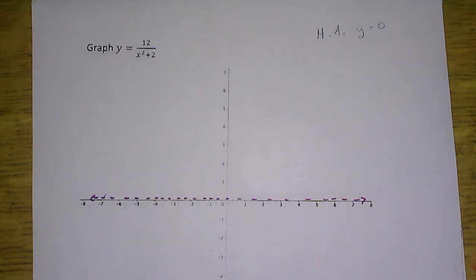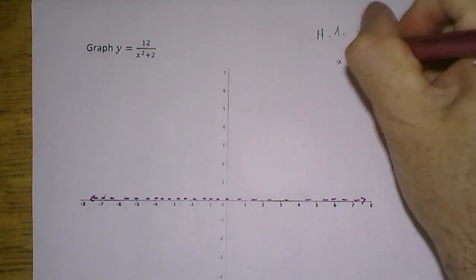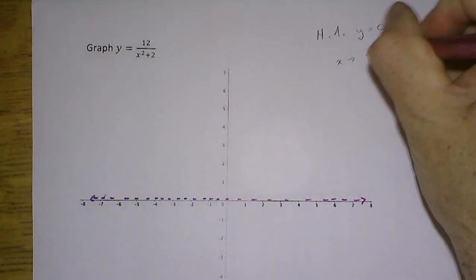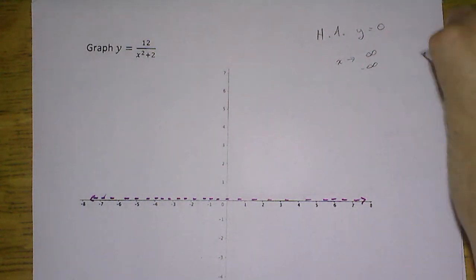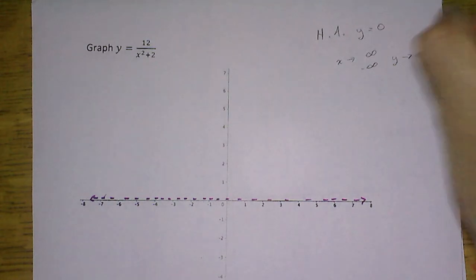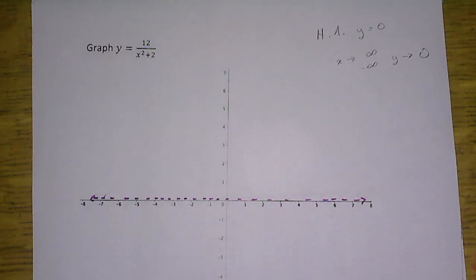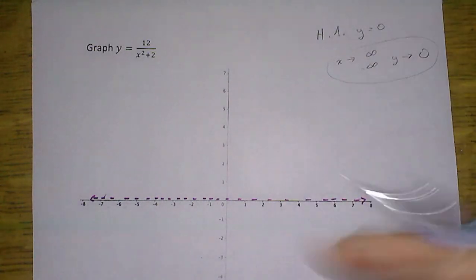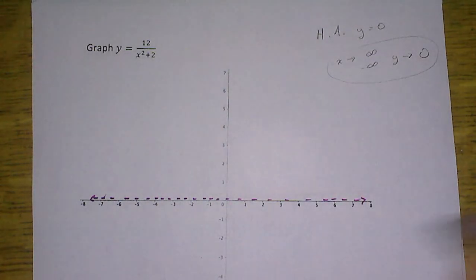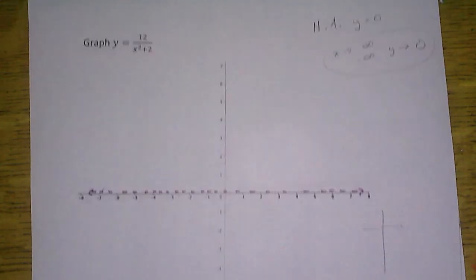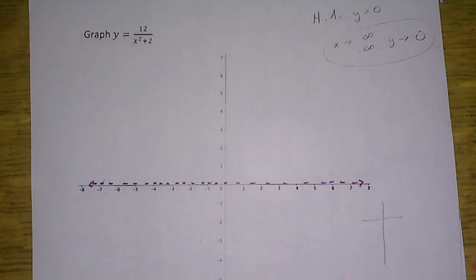I think now what I'm going to elect to do, this is my only guiding line. And remember, as x gets infinitely large, either positive infinity or negative infinity, my y value will approach 0. So this is the thought that's going to drive the left-hand and right-hand side behavior. But really, I'm just going to shoot bullets at this. I'm just going to pick random x values.